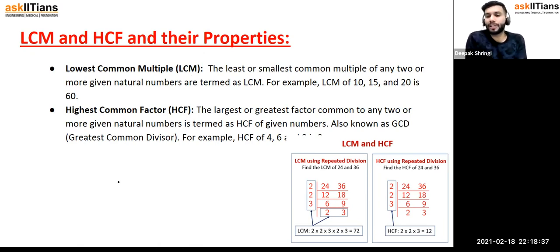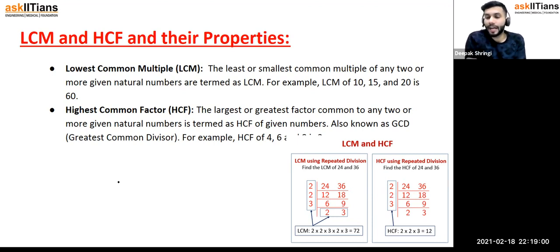So when I'm talking about the least common multiple, what is the meaning of that? You have two numbers. You have to find a number which is a multiple of both of them, and you need to find the minimum number like that. For example, what is the least common multiple of 2 and 3? We need to find a number which is a multiple of both 2 and 3, and that has to be the minimum number, right?